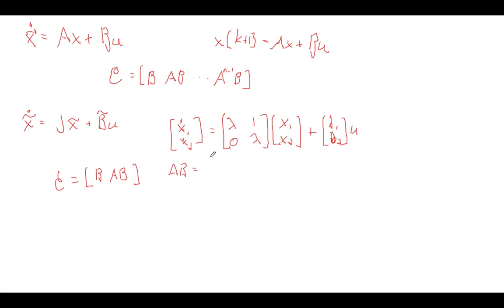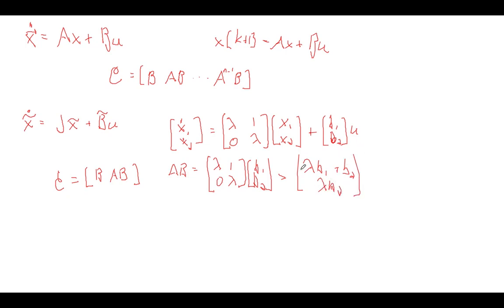AB is equal to the matrix with lambda, 1 on the top row and 0, lambda on the bottom row, times B1, B2. That equals lambda times B1 plus B2, and then down here I just have lambda times B2.